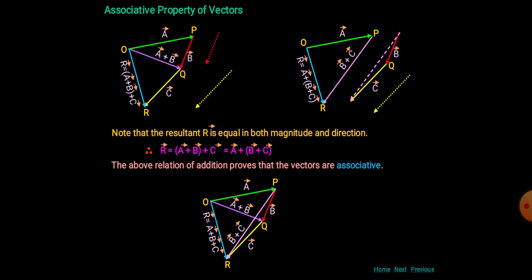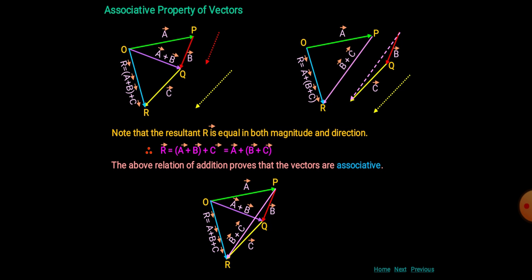You will observe this figure carefully. OP we have taken, it is the vector A, and PQ we have taken, it is the vector B. So OQ we can write as A plus B according to the triangle of vector addition. Observe the triangle PQR. In this triangle PQ is B, QR is C, and the resultant vector is what?